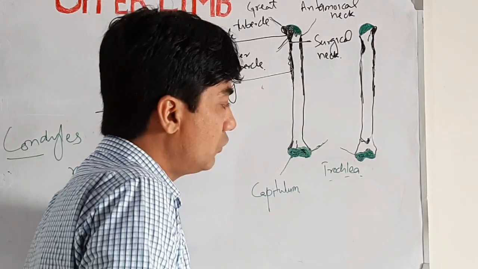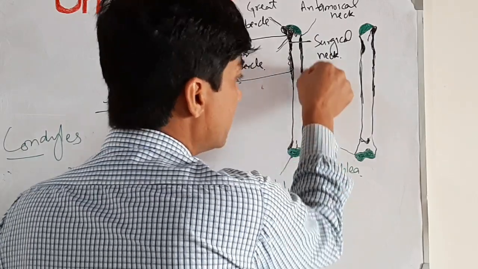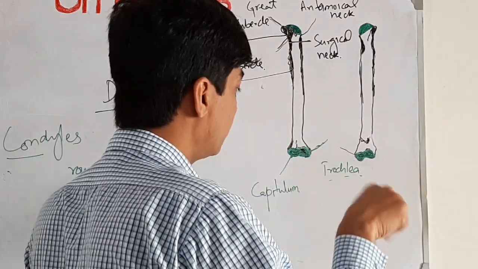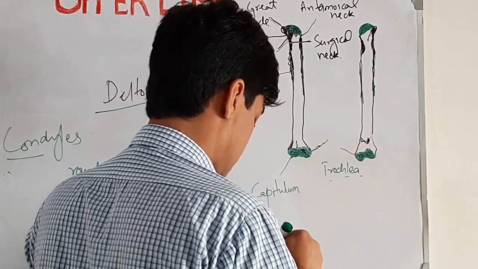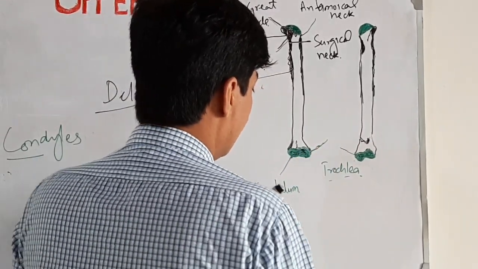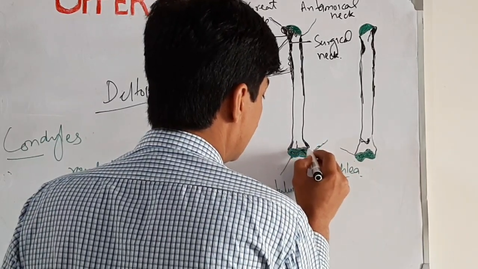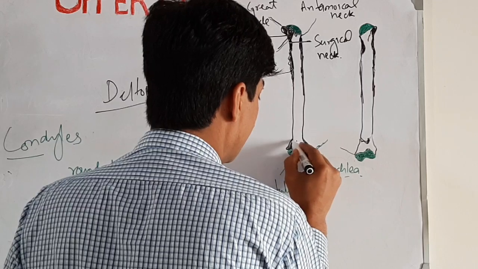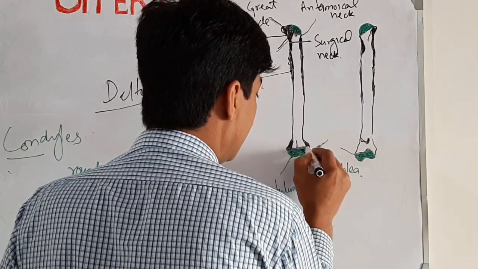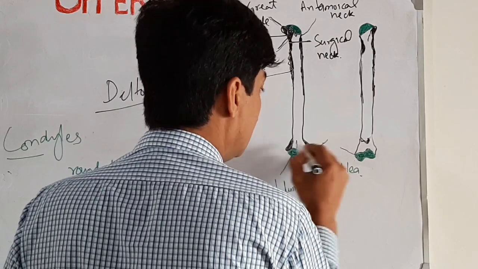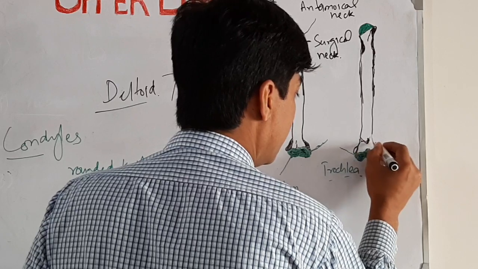Just distal to these condyles, the humerus flares into two bony projections. One is here and second is here. One is medially and one is laterally.